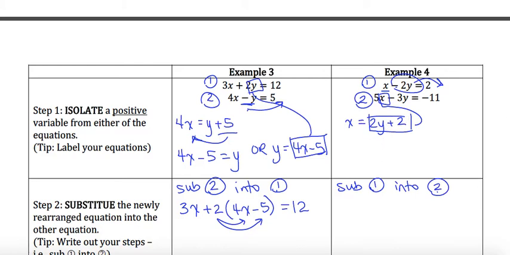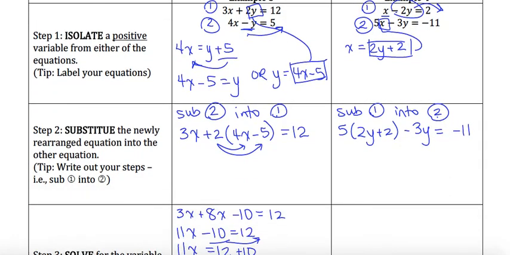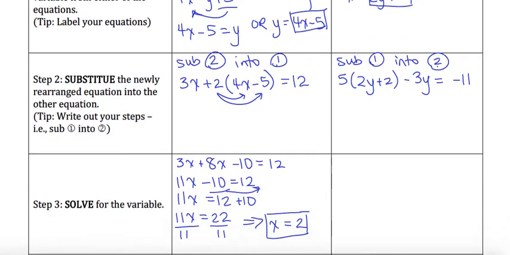I'm happy with that. Okay, so starting with equation 2, 5, and instead of x, I'm putting 2y plus 2, and then take away 3y is equal to negative 11. So now I only have one letter, which is my y, and I can solve for my y. So isolate, substitute, now we solve.